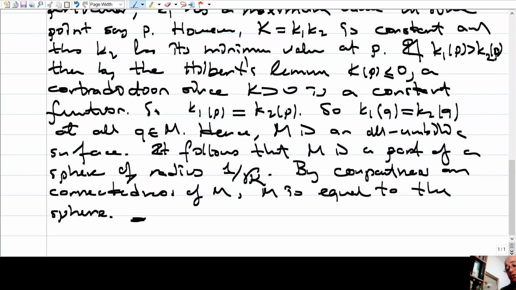So M is both a closed and open subset of the sphere, but since the sphere is also connected, M should be equal to the sphere, by compactness of M and connectedness of the sphere. So this finishes the proof.